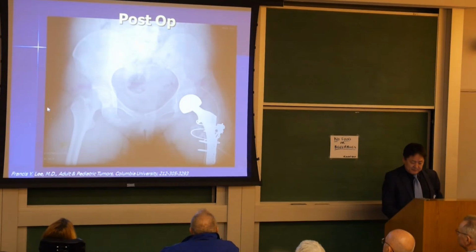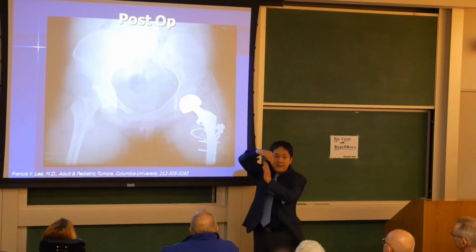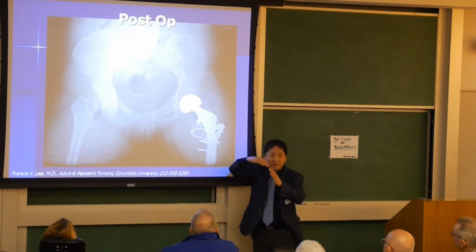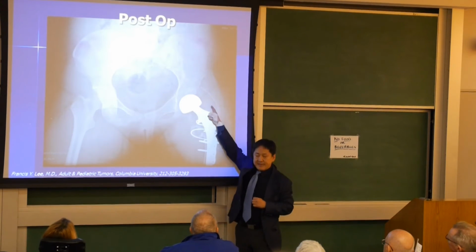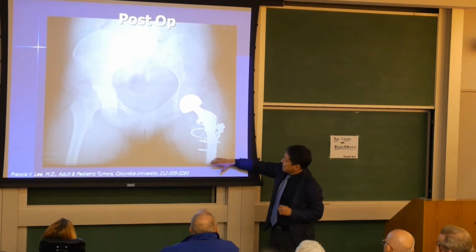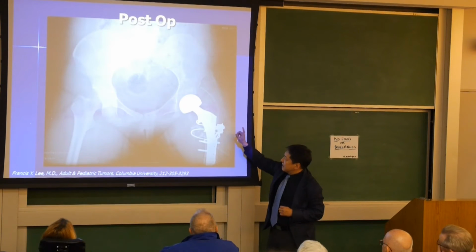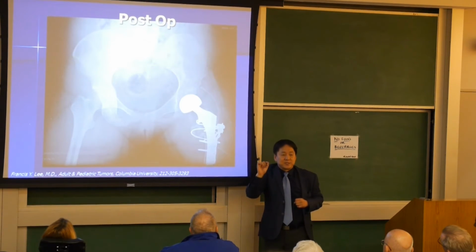So in this case, she had a severe varus, so we had to take some wedge of the bone out to straighten the proximal femur. And she had a femoral neck fracture, so we did hemiarthroplasty. And in her case, we added some topical bisphosphonate solution.